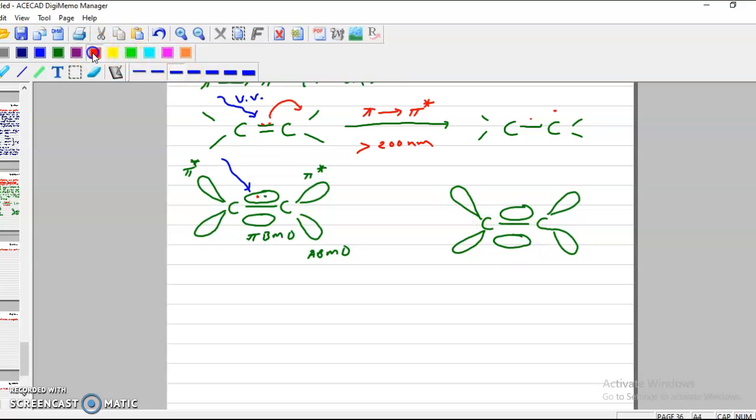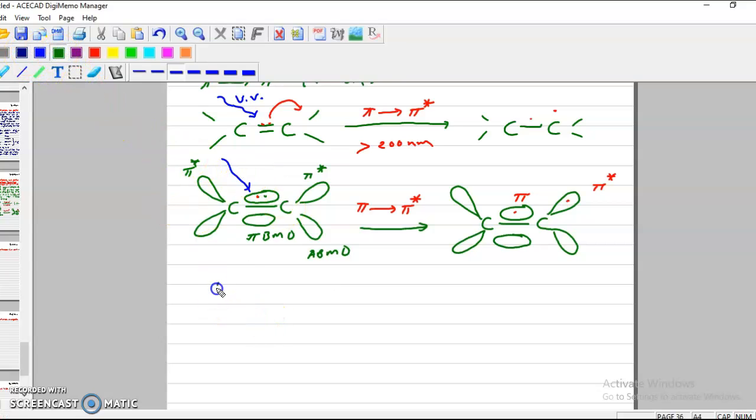So only one electron is left in the pi orbital and one transfers to pi star. This is known as the π to π* transition.